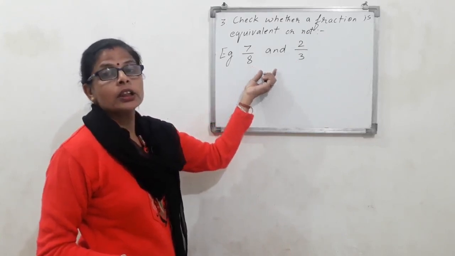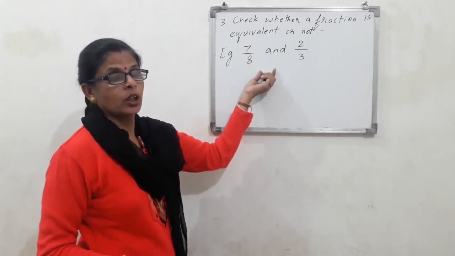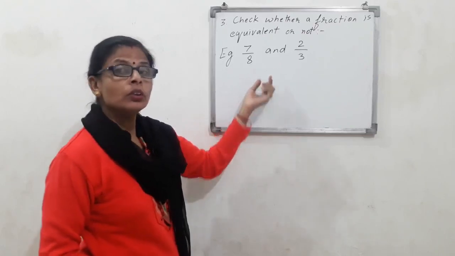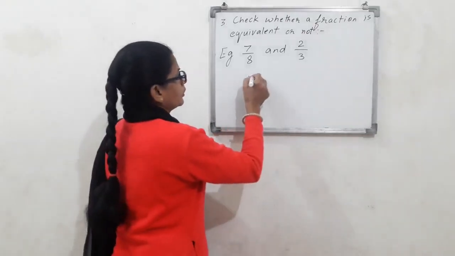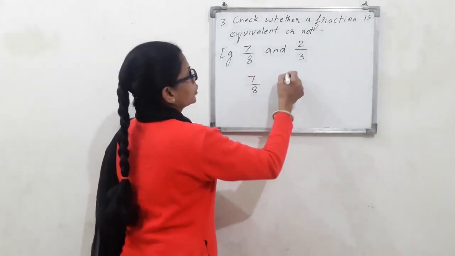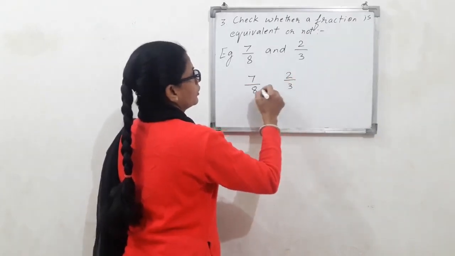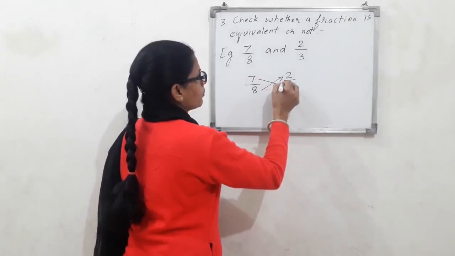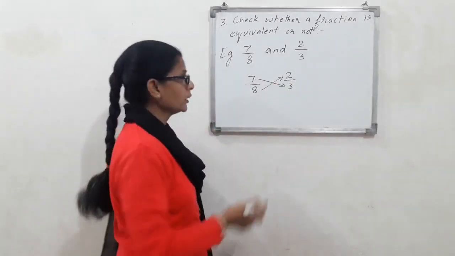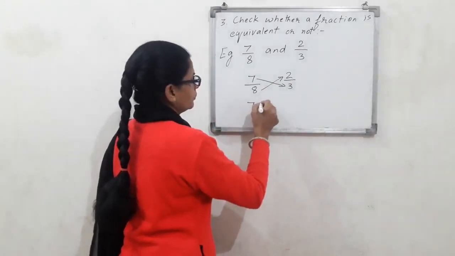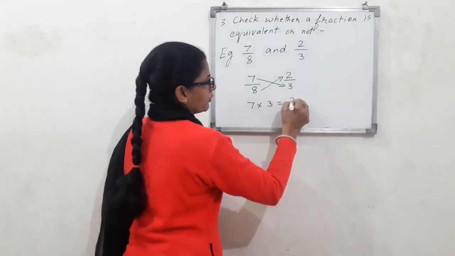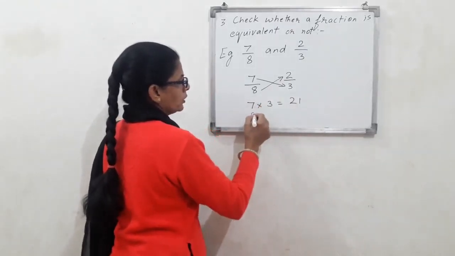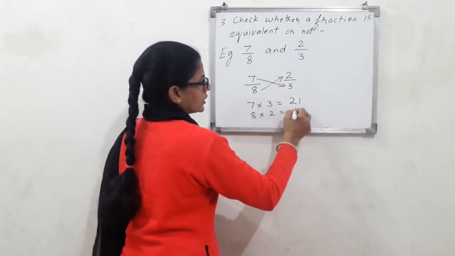Are these fractions equivalent or not? So how do we check? We have to cross multiply them. We'll multiply 8 by 2 and we'll multiply 7 by 3. Right? 7 3s are 21 and 8 2s are 16.